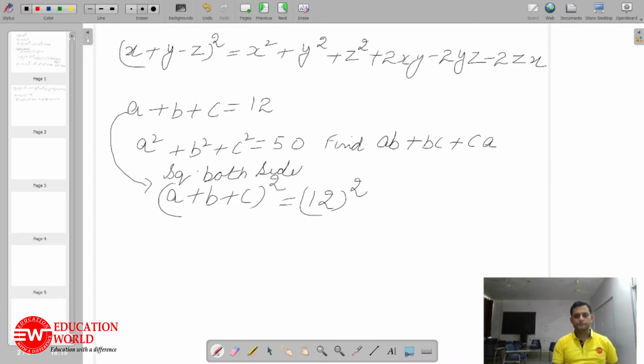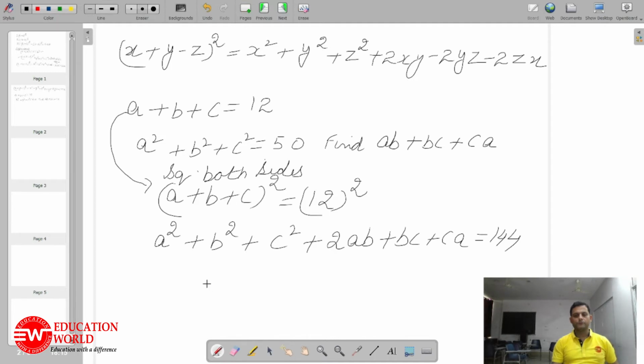Now open it with the formula: a square plus b square plus c square plus 2(ab plus bc plus ca) is equal to 144. Now this value they have already given, 50, so in place of this we will write 50. Now you can see that 2 is common here.